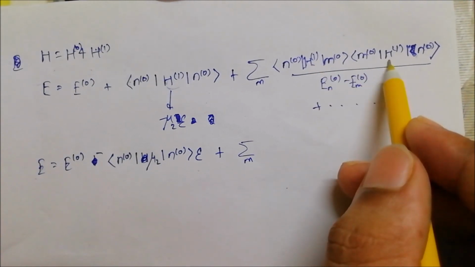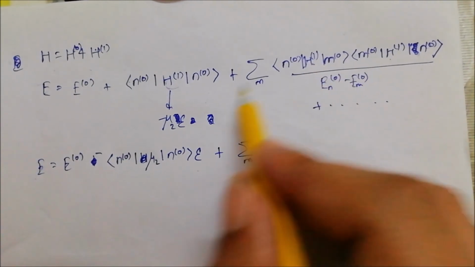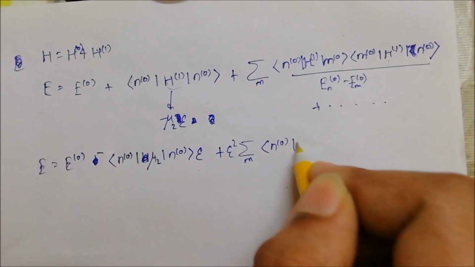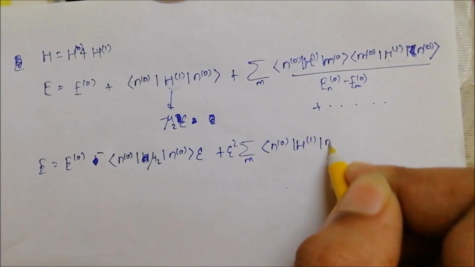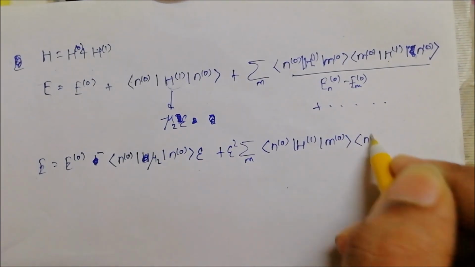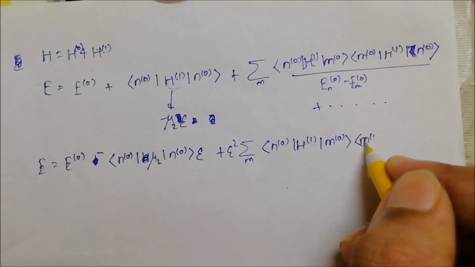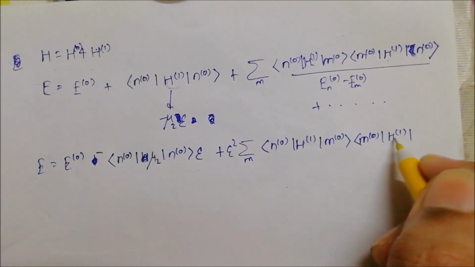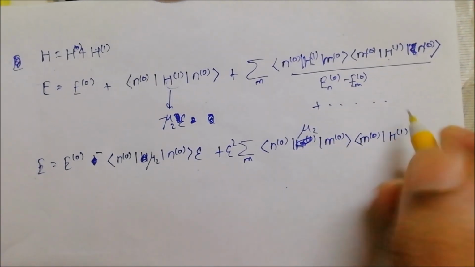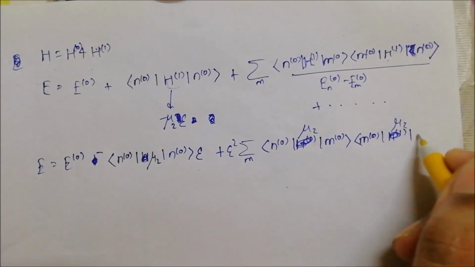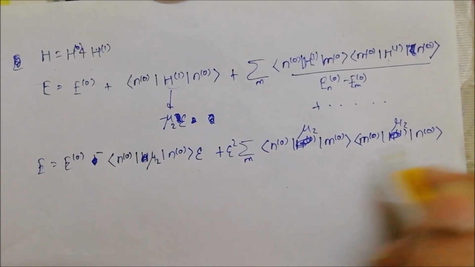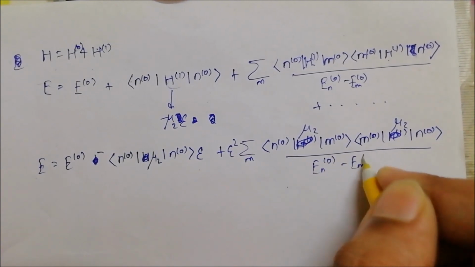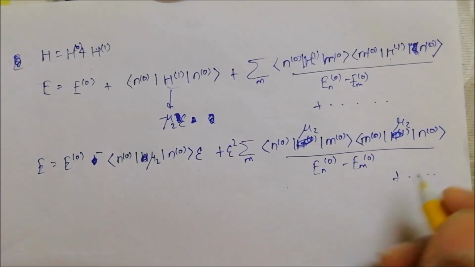Here also mu z will get substituted, and E will come out from both, so that will be E square into <N0|mu z|M0> <M0|mu z|N0>, oh not H1, sorry, it should be mu z, over En0 minus Em0, plus higher order terms.